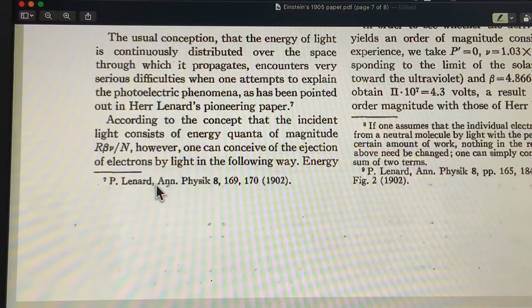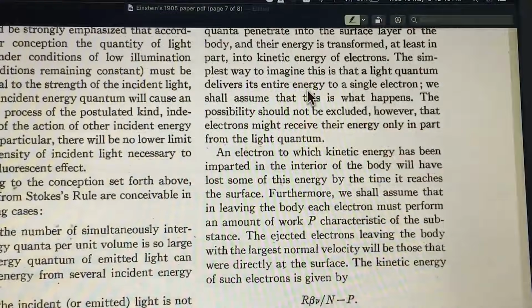Stokes' rule was one example, for photoluminescence. This is the second example, the photoelectric effect, and the theory that he has developed in terms of energy quanta, he tries to apply here. The simplest way to imagine this is that a light quantum delivers its entire energy to a single electron.